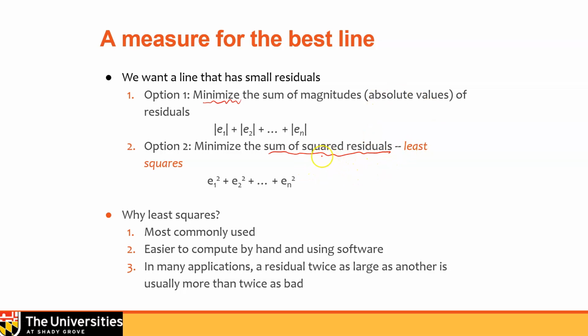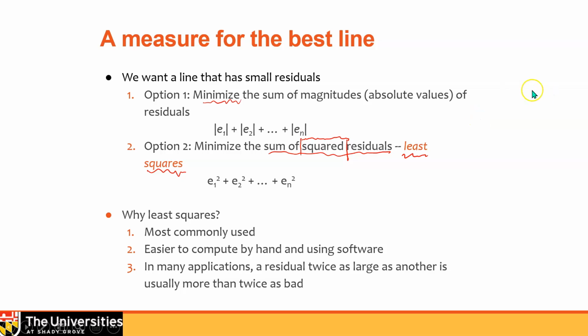One of the things that you'll notice in statistics is that we often use this idea of squaring differences and then summing them or minimizing them in some way. This is what is called the least squares method of fitting the line. We're not going to go into super duper detail on that, but it's important to know that this is the method being used.